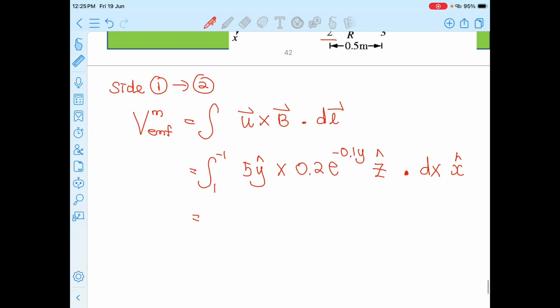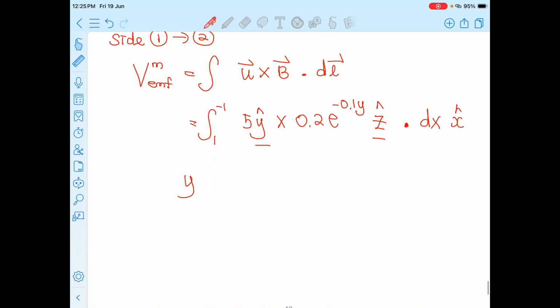Now let's simplify the cross product for y and z. y cross z gives x, and x dot x is going to be 1.